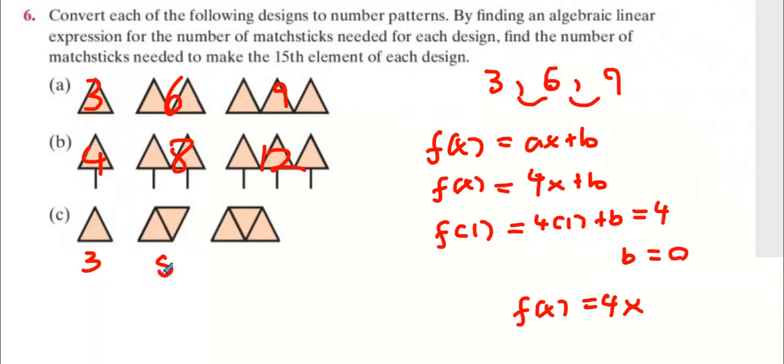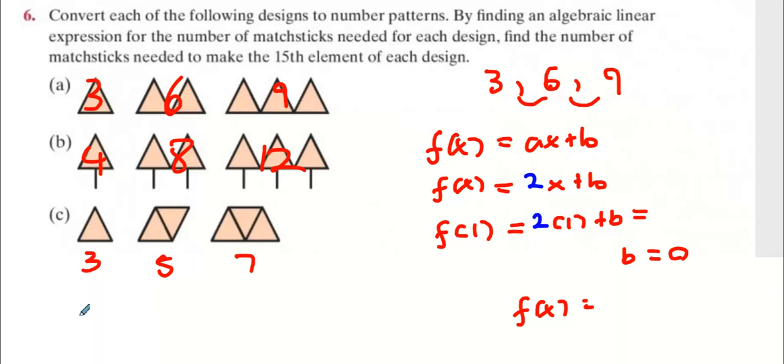3, 5, and 7. This one's going to be slightly different. All right. So once again, if I go back through my system, what's the a value this time? The a value this time is 2 because it goes up in 2, so a is 2.